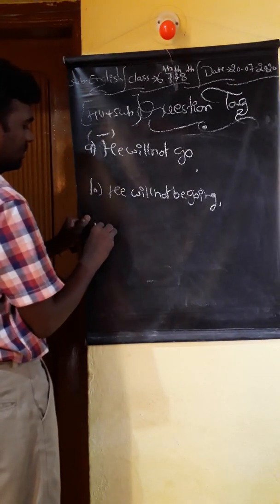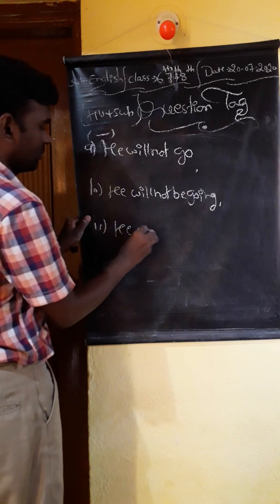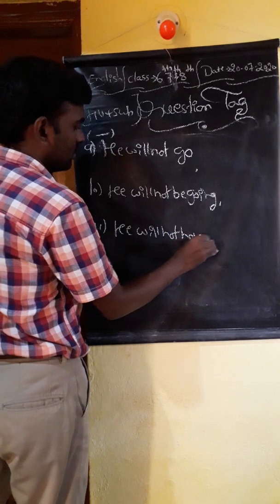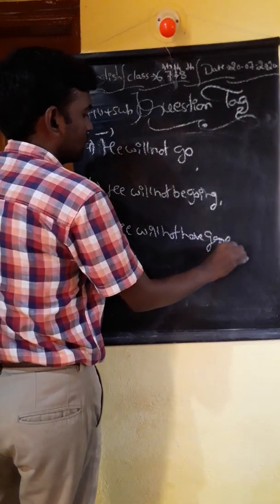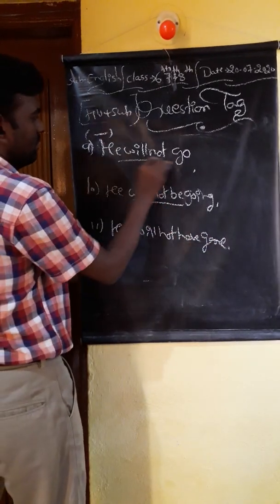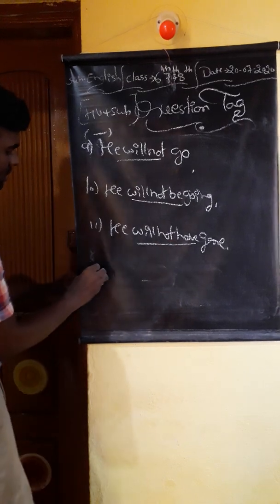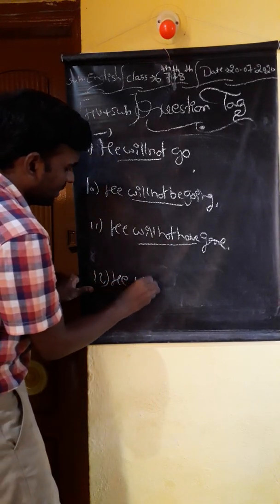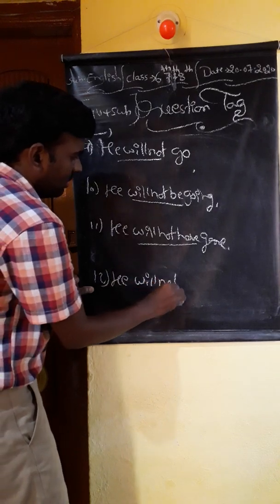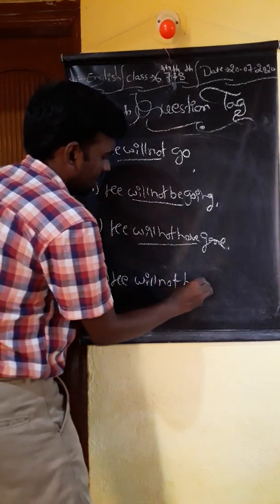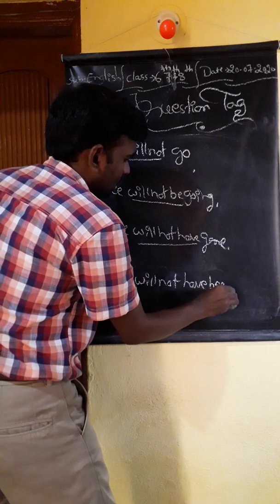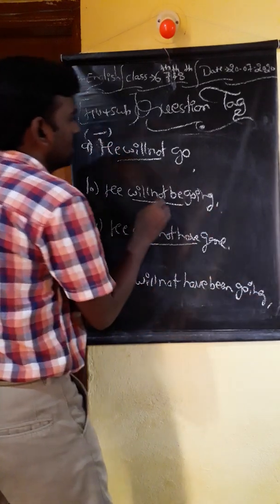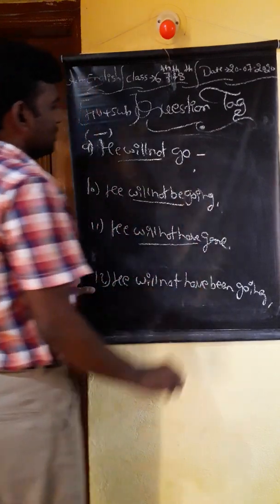Then he will not have gone, and the very interesting part will be the 12th one. So that is a little bit big. He will not have been going. Okay.